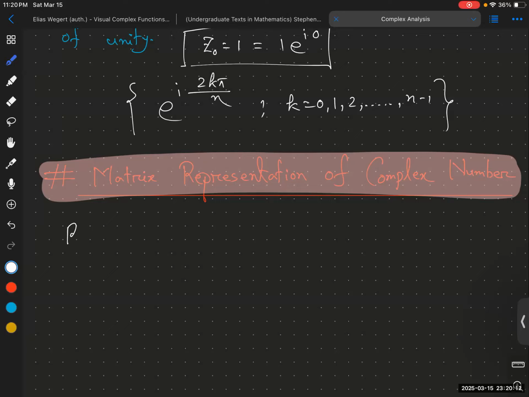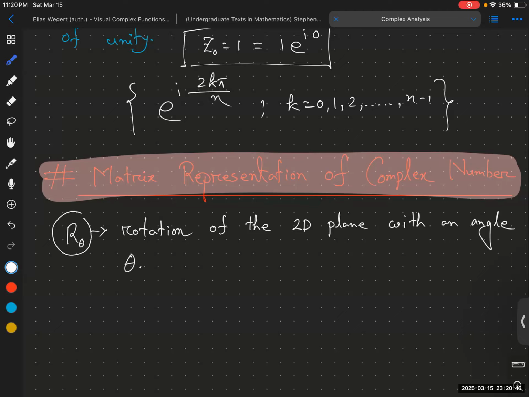At first, consider R theta, that basically represents a rotation of the 2D plane with an angle theta. So R theta is something that rotates our natural coordinate system with an angle theta.